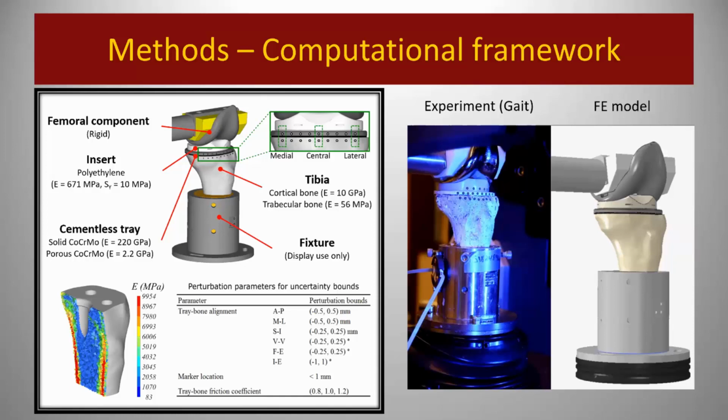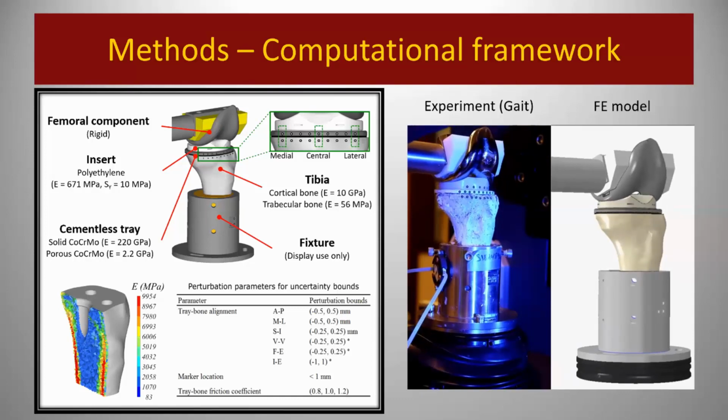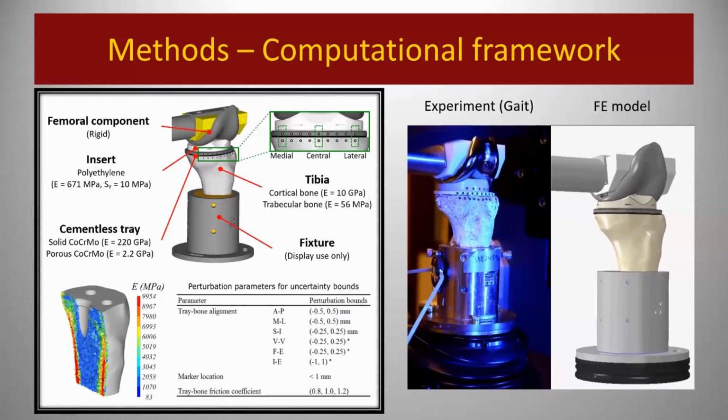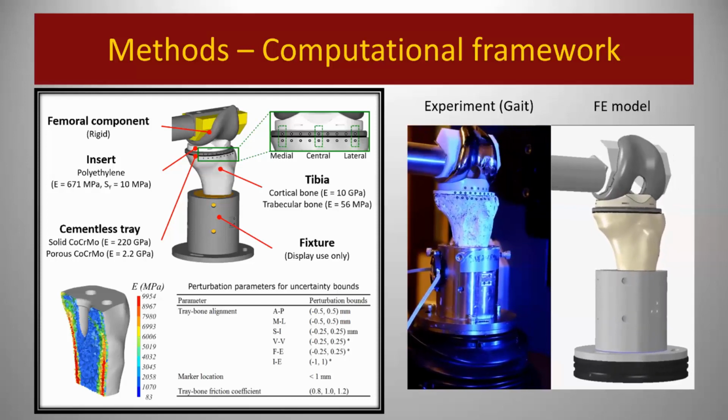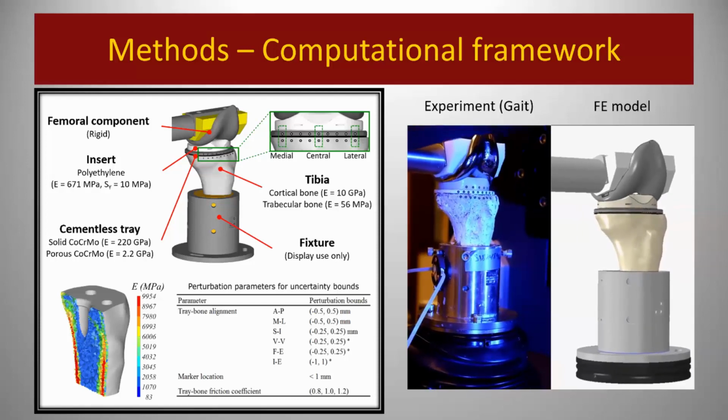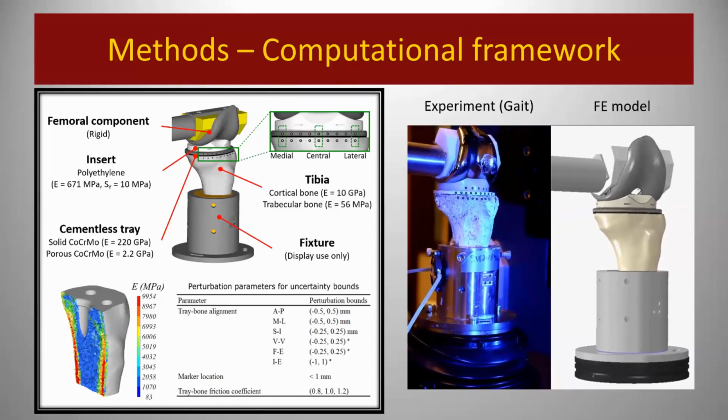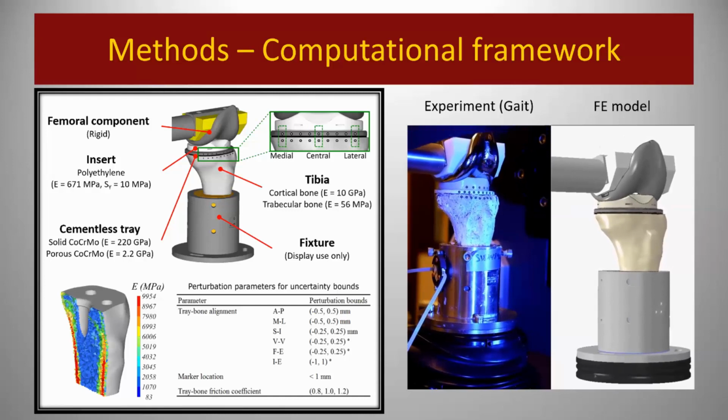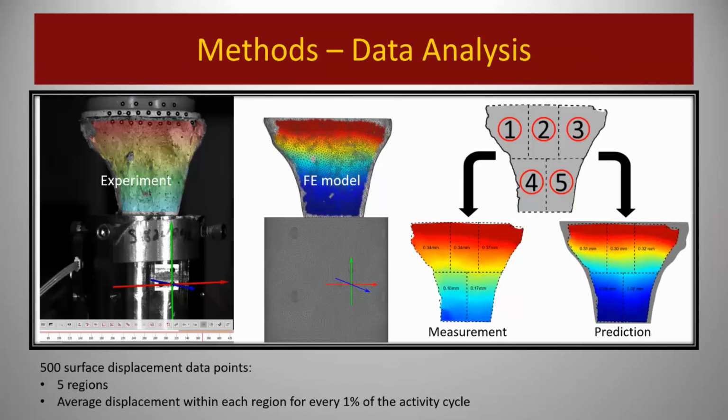Experimentally measured and computationally predicted marker and bone surface displacements were compared to quantify the model performance. This animation shows the computational model reproduced the gait experimental test. To quantify the correlation of measured and predicted surface displacement, the captured surface was divided into 5 regions.